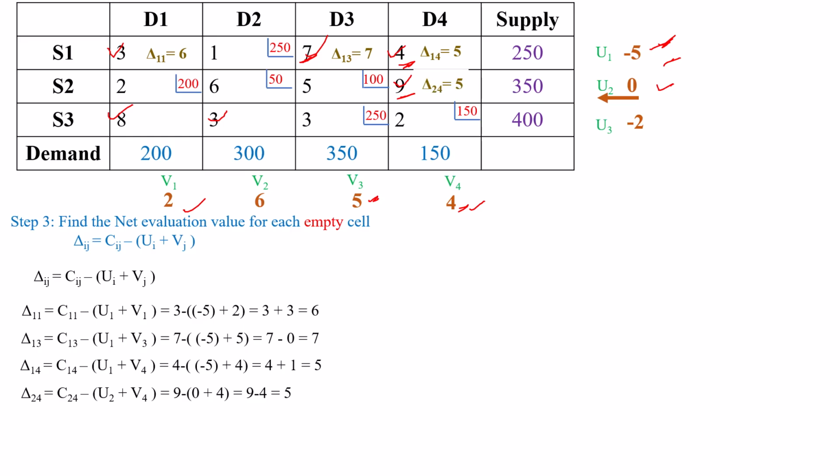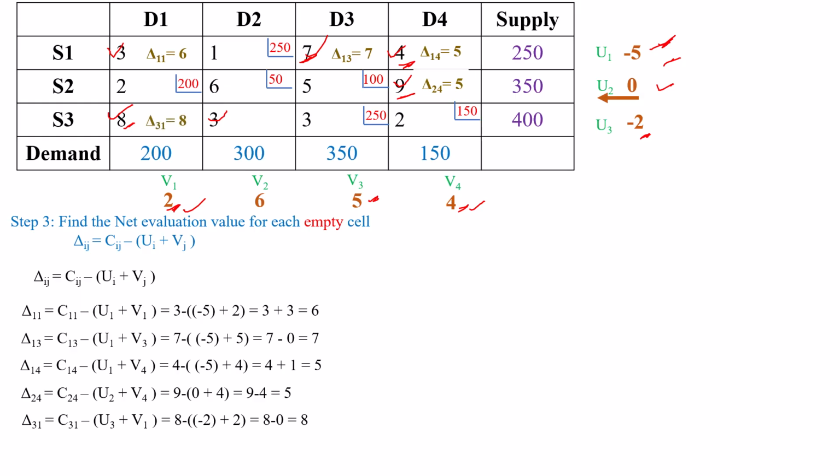Next empty cell is the third row and first column, that is delta 31. Delta 31 equal to C31 minus of U3 plus V1. C31 value is 8, U3 value is minus 2 and V1 value is 2. Substituting, we get delta 31 equal to 8.